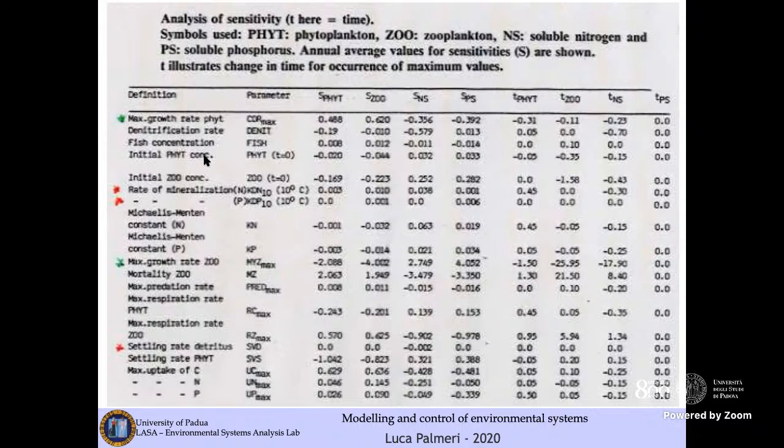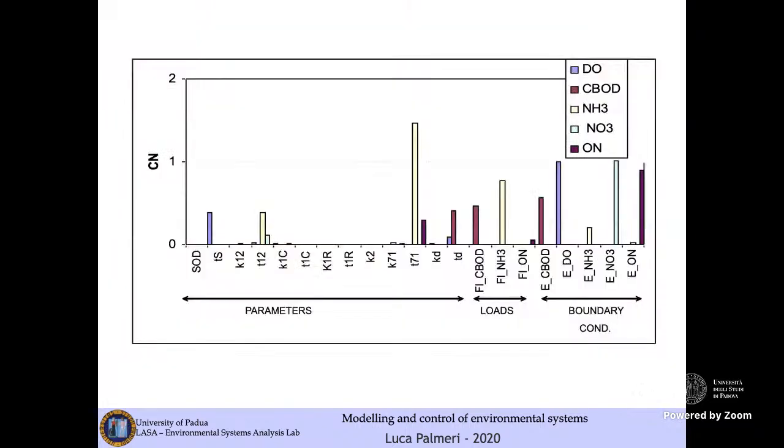These kinds of analyses are important if you want to make a ranking of which parameters are the most sensitive, because as I told you, when you start calibration, you shall initiate your calibration by calibrating the more sensitive parameters. This is another example.